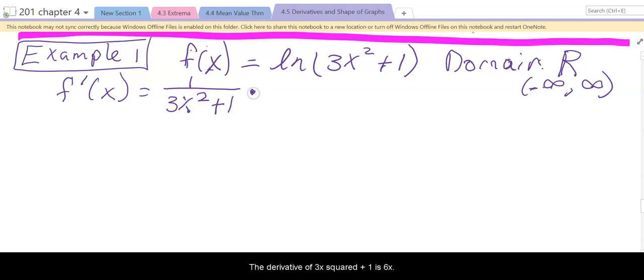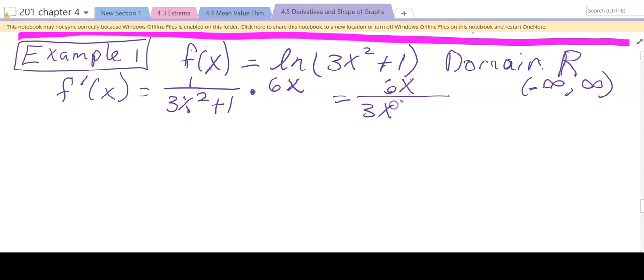The derivative of 3x squared plus 1 is 6x. This leads to the first derivative being 6x divided by 3x squared plus 1.